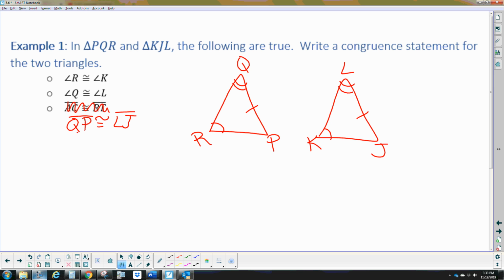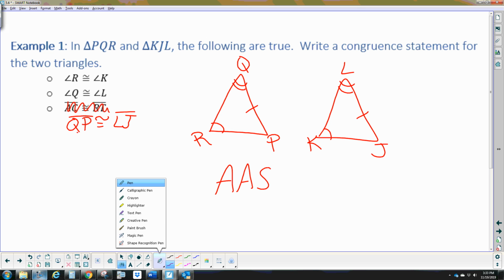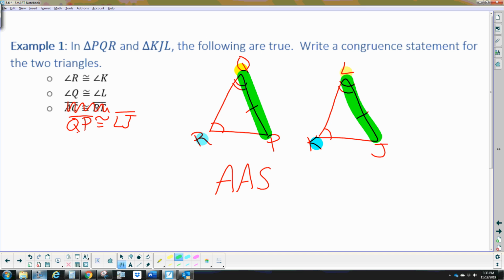Okay, now I have my triangle PQR and I have my triangle KJL. So now I have to determine whether or not these are congruent. Well, I have 2 angles and a non-included side, so I can use the angle, angle, side shortcut. And when I do this, I want to make sure to match up R and K. I need to match up Q and L, and I need to match up QP and LJ.